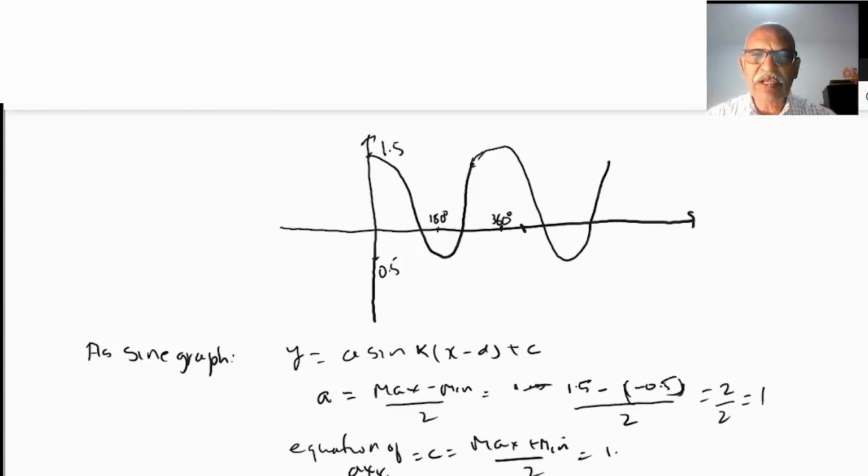That means 1.5 plus minus 0.5 divided by 2, which is 1.5 minus 0.5, which is 1, over 2. So the middle line is 0.5, which is 1/2.